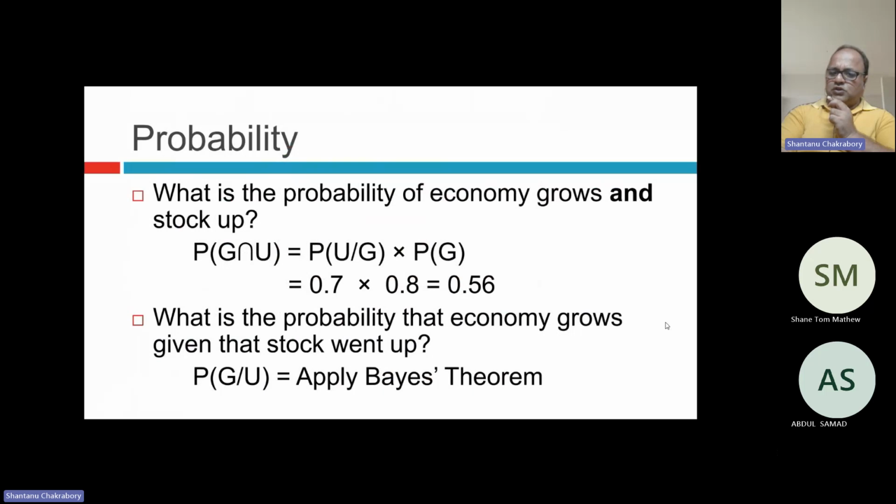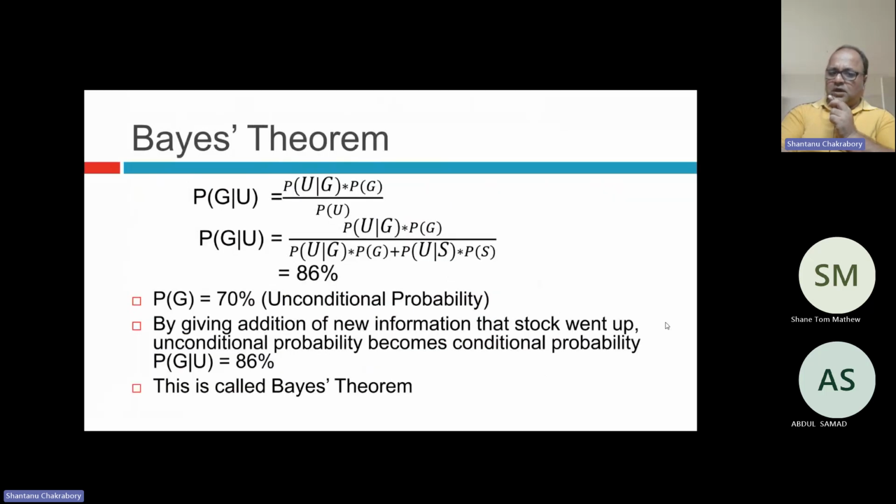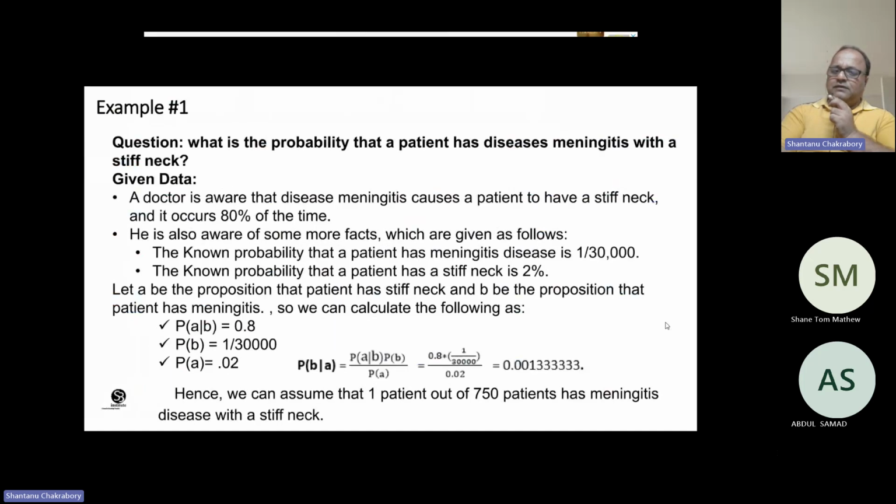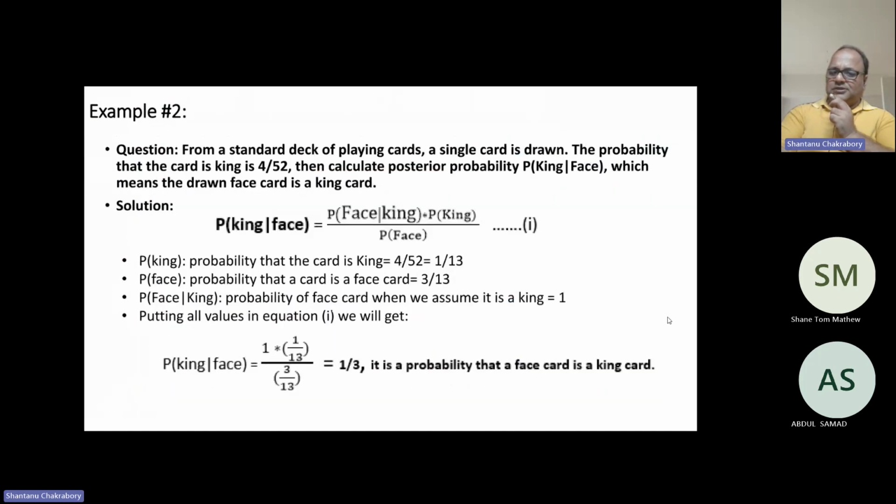The probability of economic growth when the stock went up, we can get by applying the Bayes theorem. So how can we apply the Bayes theorem? We can use the 70% unconditional probability, 86%, the information that the stock went up, and we use the conditional probability, which is called the Bayes theorem, and then we apply it. This is case one.